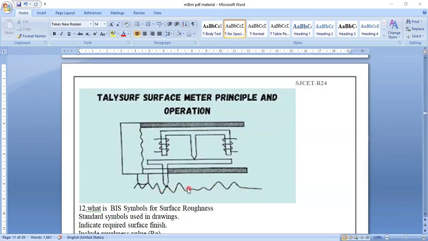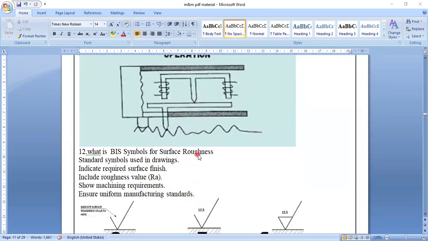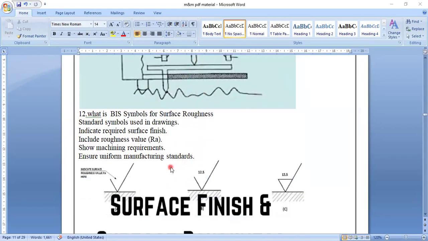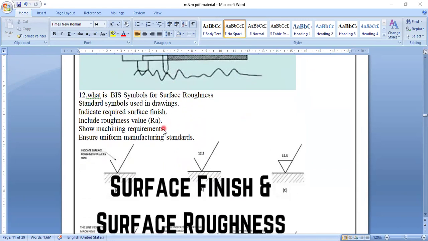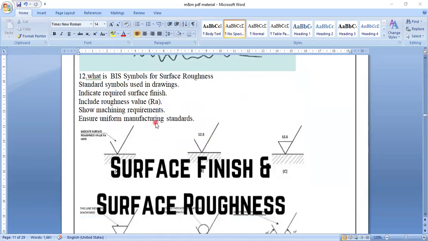The surface waves you can see here, rough waves, small waves, peaks and valleys. It will touch all the peaks and valleys. It will do the average. So as we have done before, we have three types of methods. So for peaks and valleys you have to do the average and the mean square, and also the heights. Only three types are measured for the roughness.